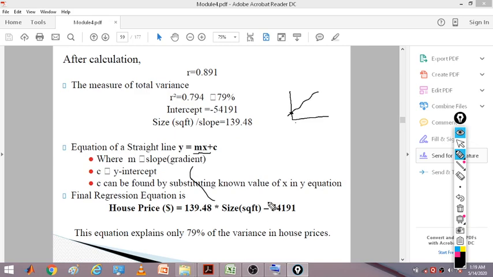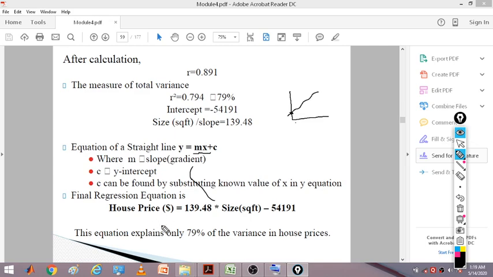The c value is 54191. This is your intercept. If you want to find the price of any house, substitute the size in square feet, and you will get the actual house price.